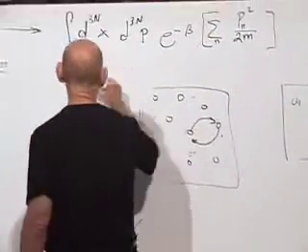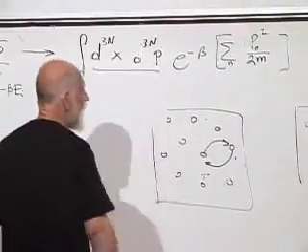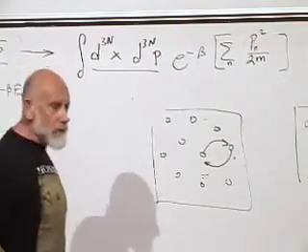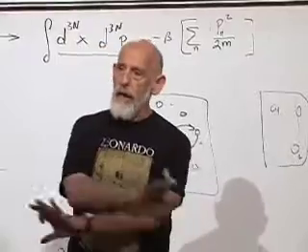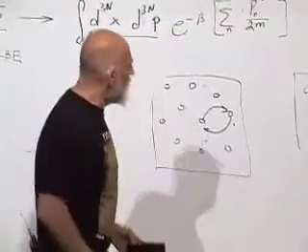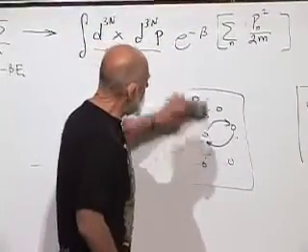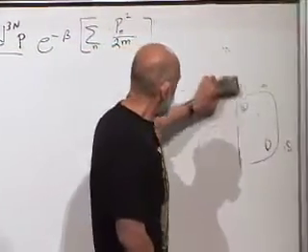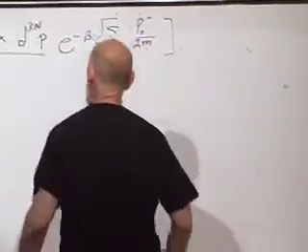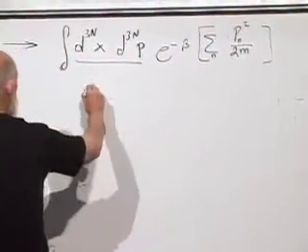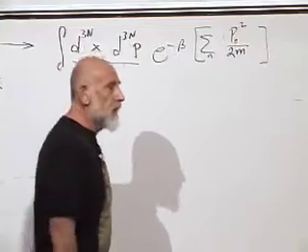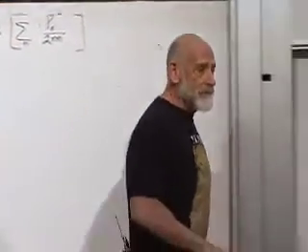Right? So to keep track of the fact that the particles are all physically identical, that an interchange of 2 of them is a trivial non-change of the state, we put a 1 over N factorial in front of it. All right, this is what we want to calculate.